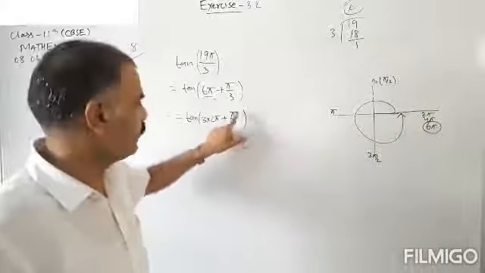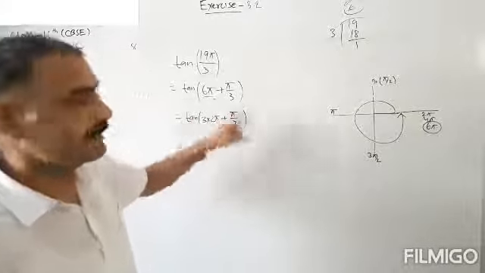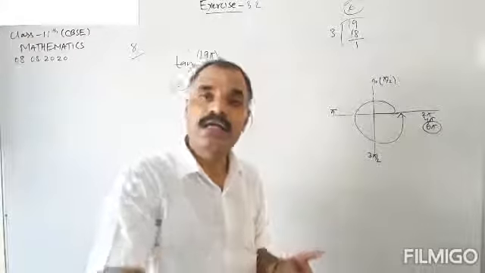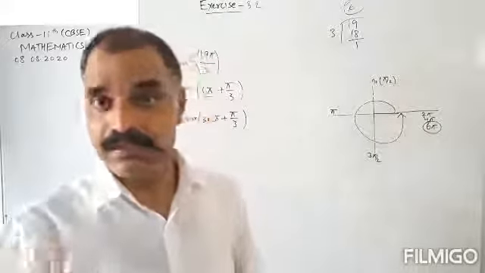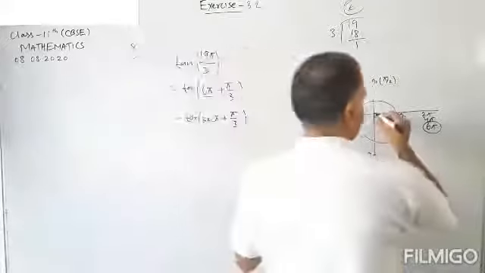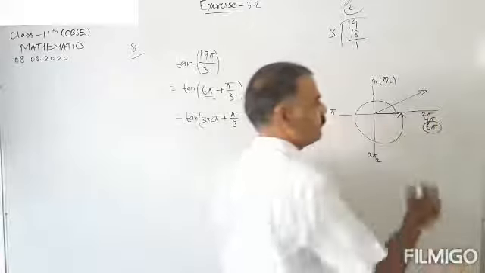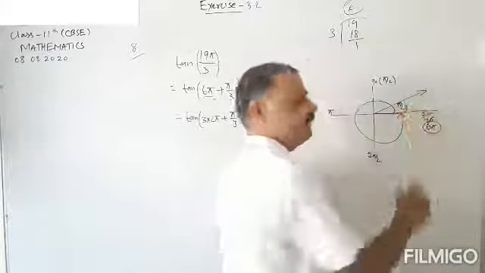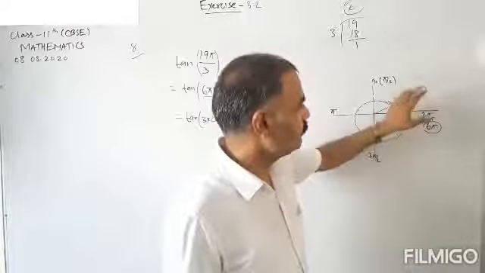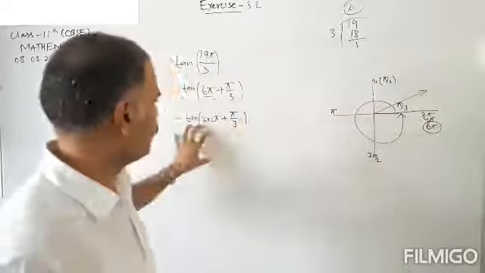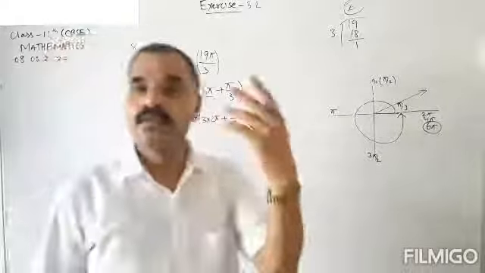Now this is pi by 3. Plus means again in anti-clockwise direction. Pi by 3 comes here in the first quadrant. Pi by 3 means 60 degree. So pi by 3 is in the first quadrant, and this angle will also lie in the first quadrant.